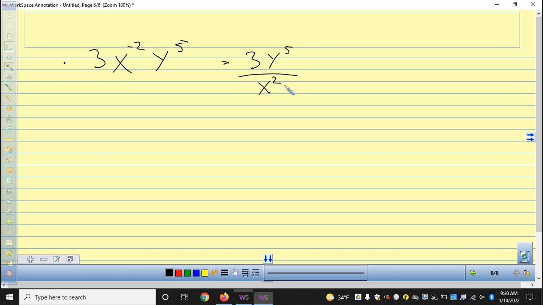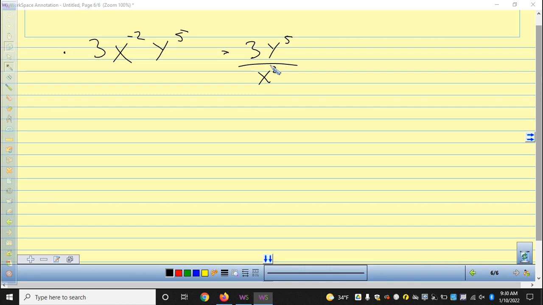So I'm going to write that as 3y to the 5th over x squared. I take this negative exponent and make it positive in the bottom of the fraction. And I can't do anything else with this, so we just leave it written like that. Are we good there?